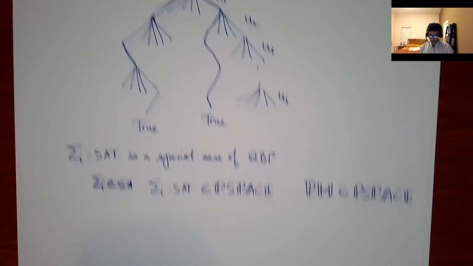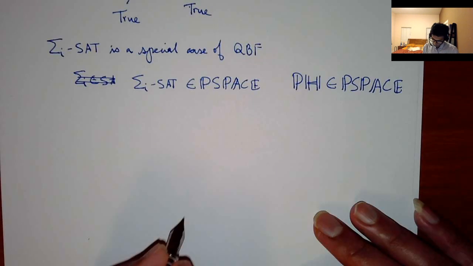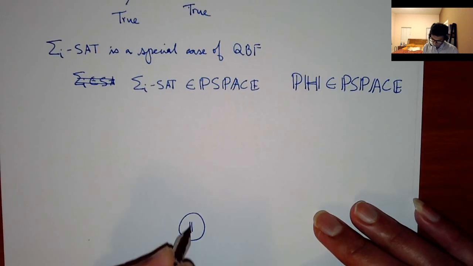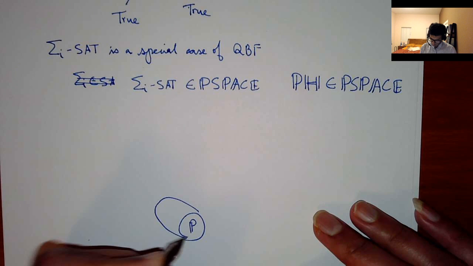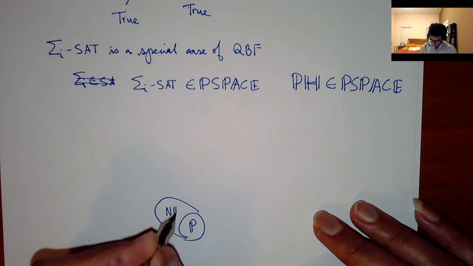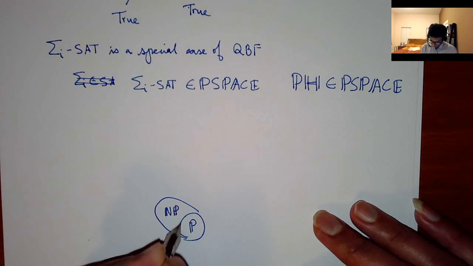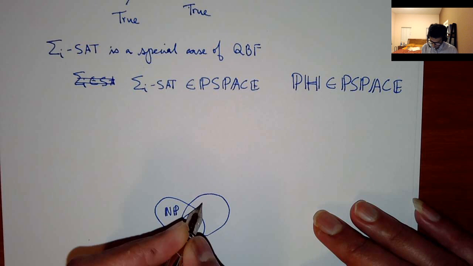It's like a scaled down version of PSPACE. So let's go back to our original picture: you have P, and you have NP, and you have co-NP.